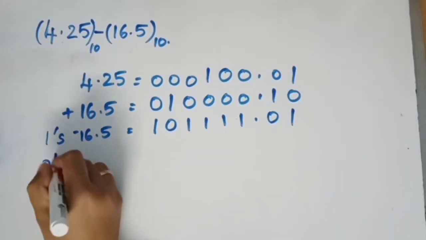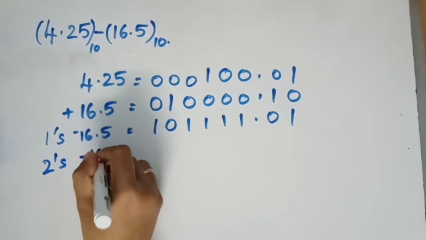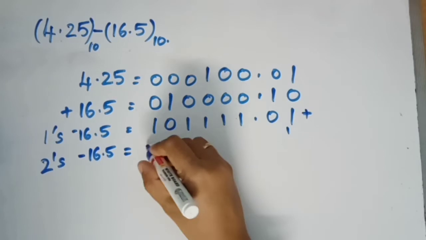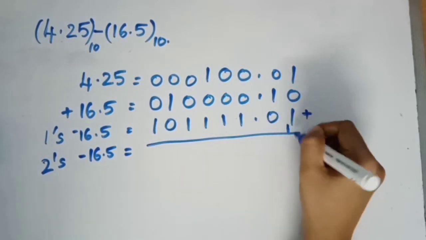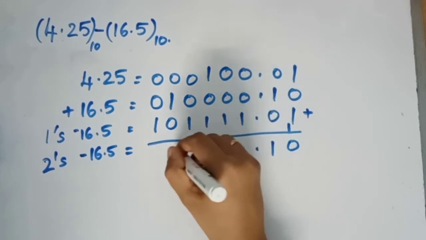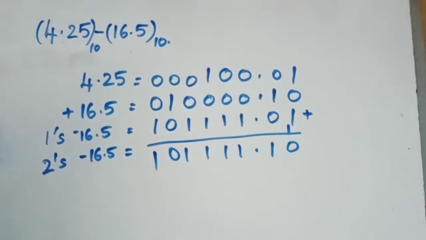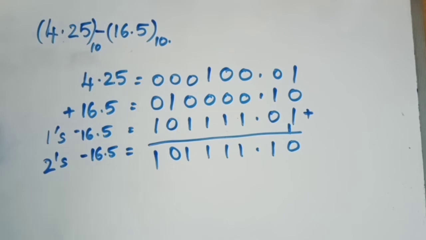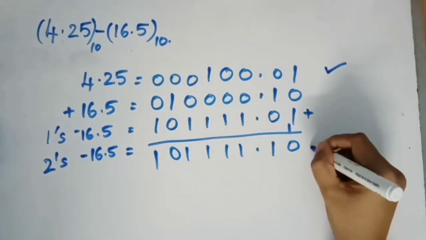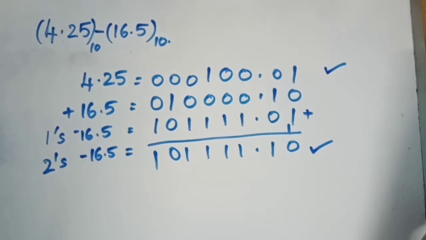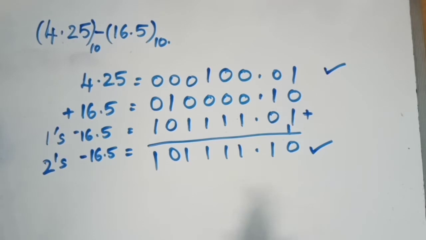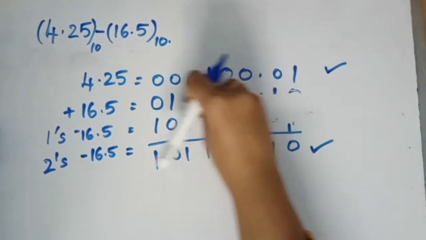And then we'll find the 2's complement of minus 16.5 by adding 1 to this. 1 plus 1 is 0, carry 1. Right? So we will be adding this to this.